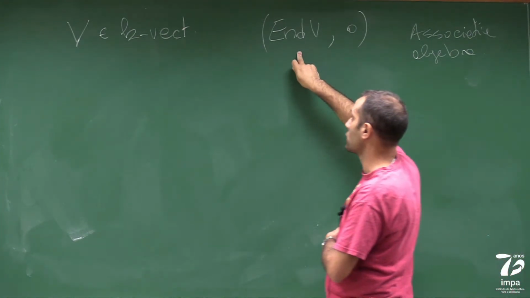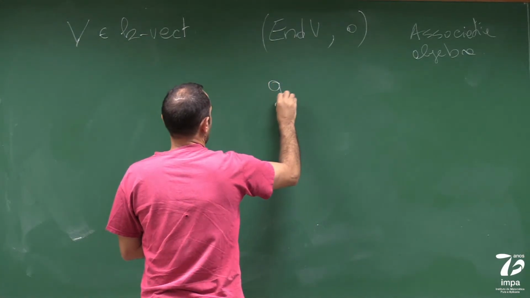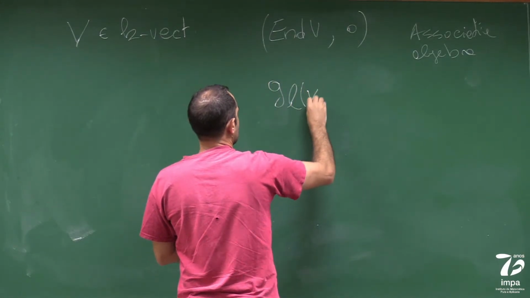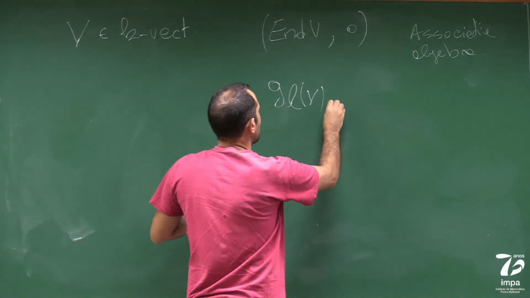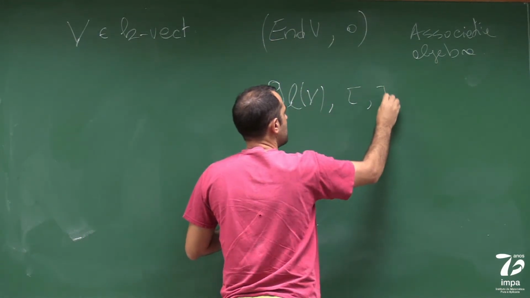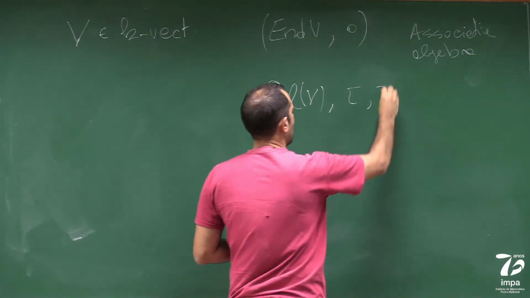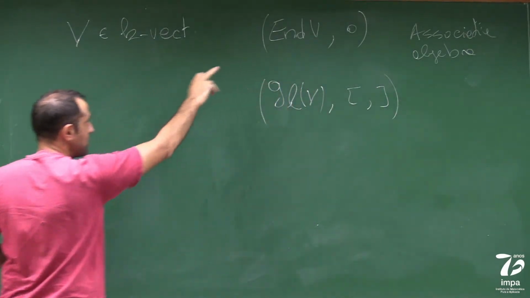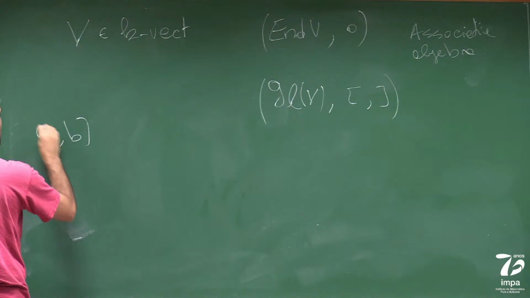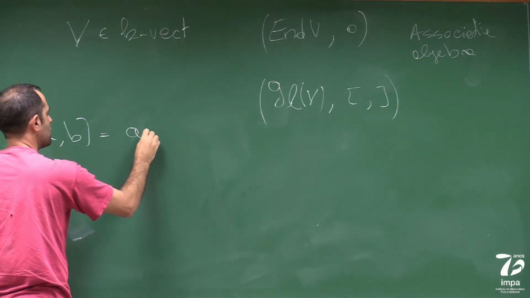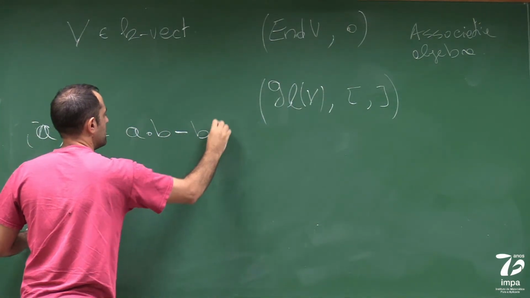However, the same vector space, just as a vector space is the same as that, but the multiplication I'm going to define is different. It's going to be the bracket multiplication, where the bracket is built out of the composition of endomorphisms by declaring that A bracket B is the composition of A with B minus the composition of B with A.